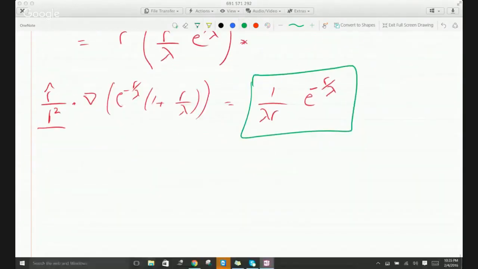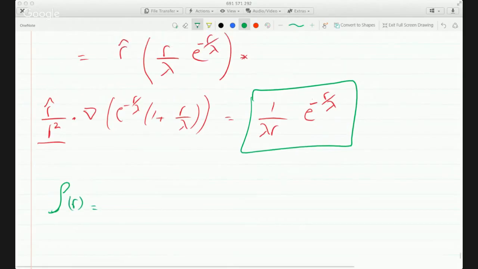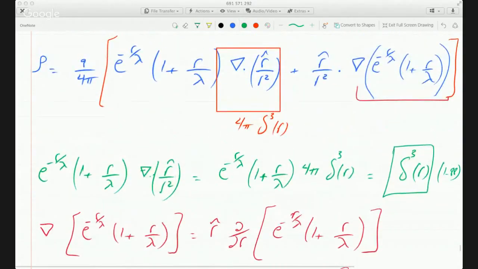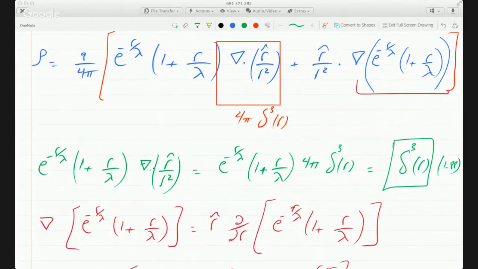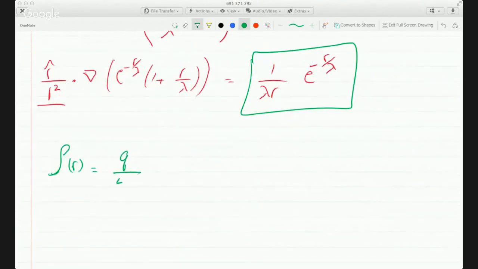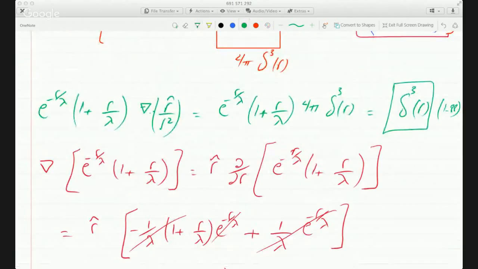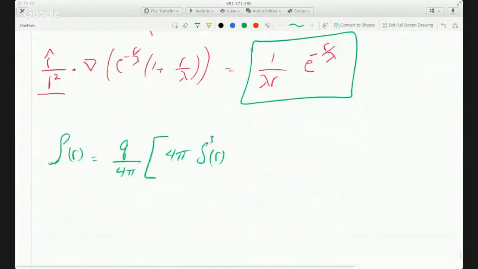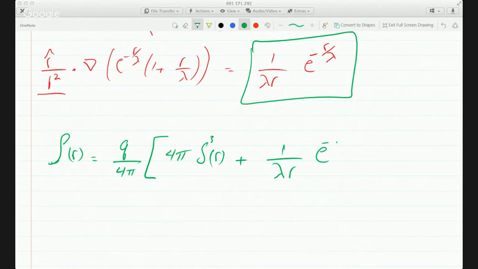Now my rho as a function of r will be, since I've evaluated them separately, I can just put them together: Q over 4 pi, open bracket, 4 pi multiplied by the Dirac delta function coming from here, plus 1 over lambda squared r e to the minus r over lambda.